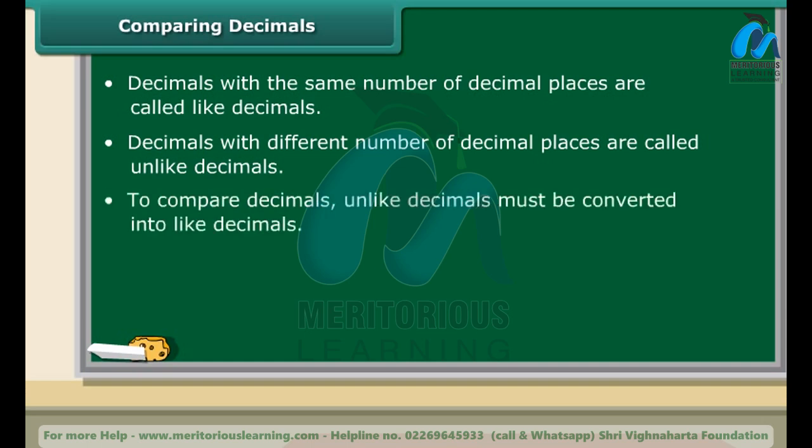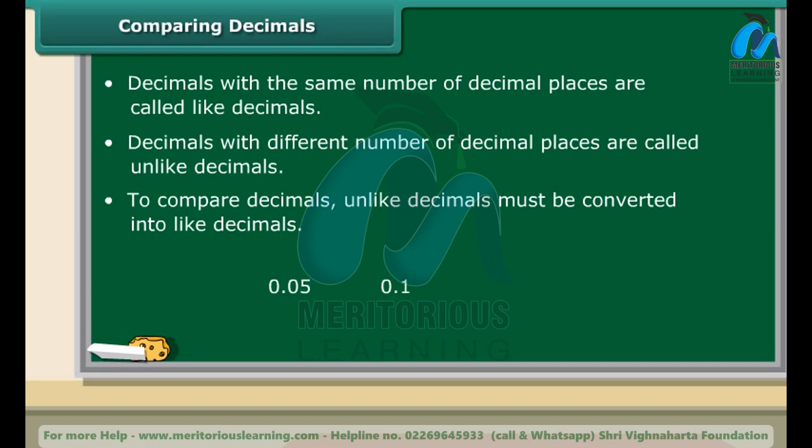In order to compare decimals, convert unlike decimals into like decimals. This can be accomplished by annexing trailing zeros to the number that has a shorter decimal part. Annexing zeros in the end will not make any difference to the value of the decimal. Compare 0.05 with 0.1.